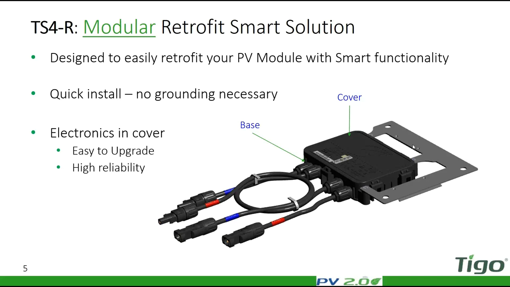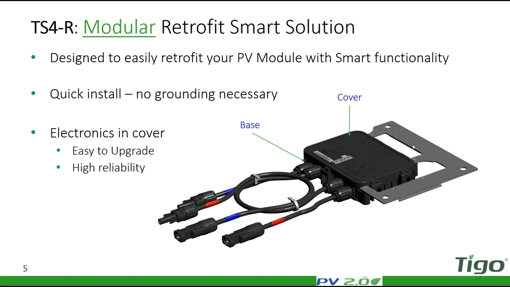Before we move forward, I'll just say that one thing that's unique about our retrofit solutions or our add-on units, as opposed to our competitors, and it's very clear here, is that there is no grounding necessary. This device is completely floating compared to the module, so nothing needs to be grounded.